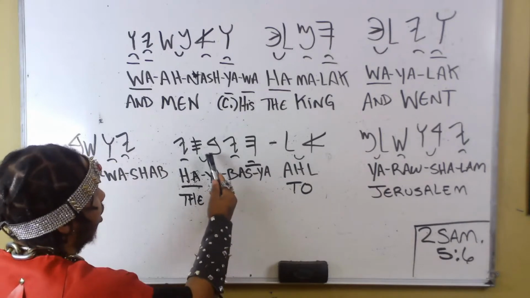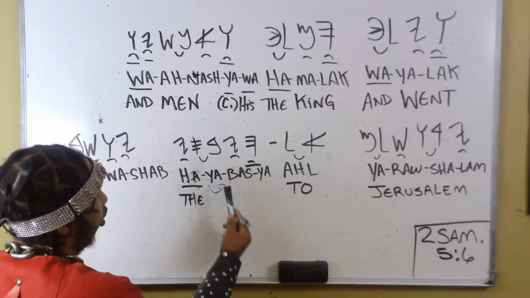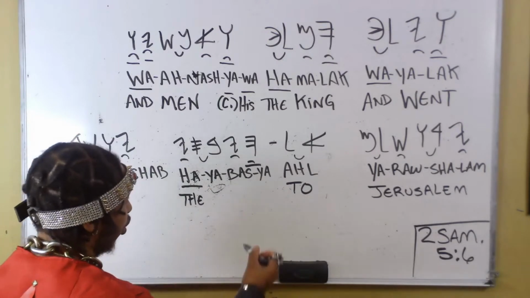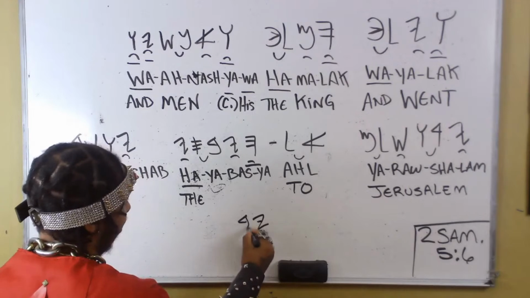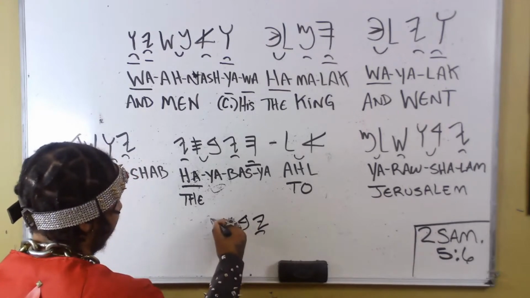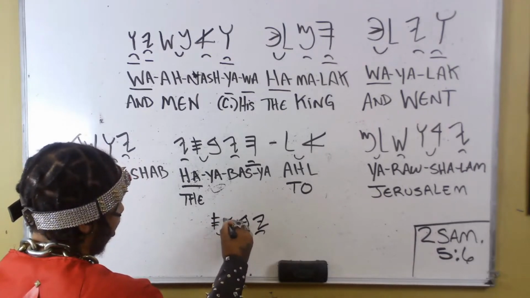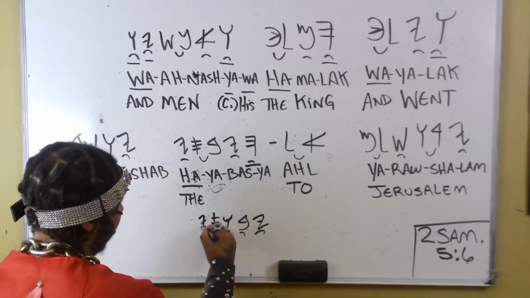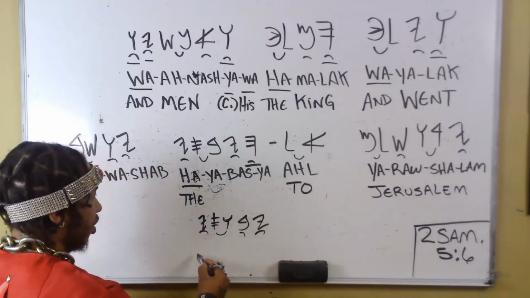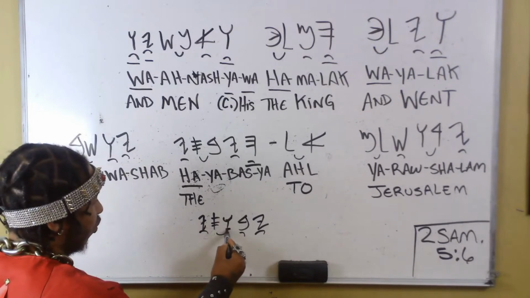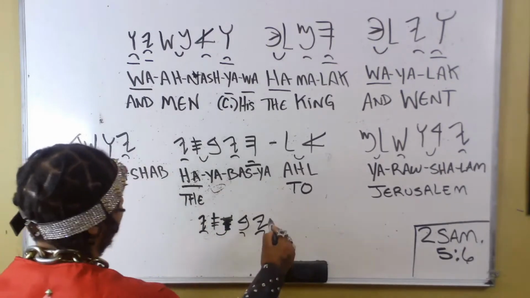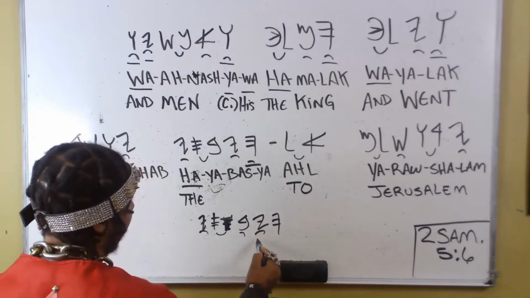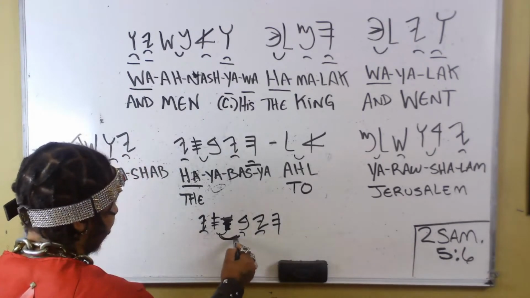So right here, the character wa dropped off. Because remember, before the word was Yah Bawas Yah, and that was Jebusite. But this character wa here dropped off. And now it's Ha Yabas.